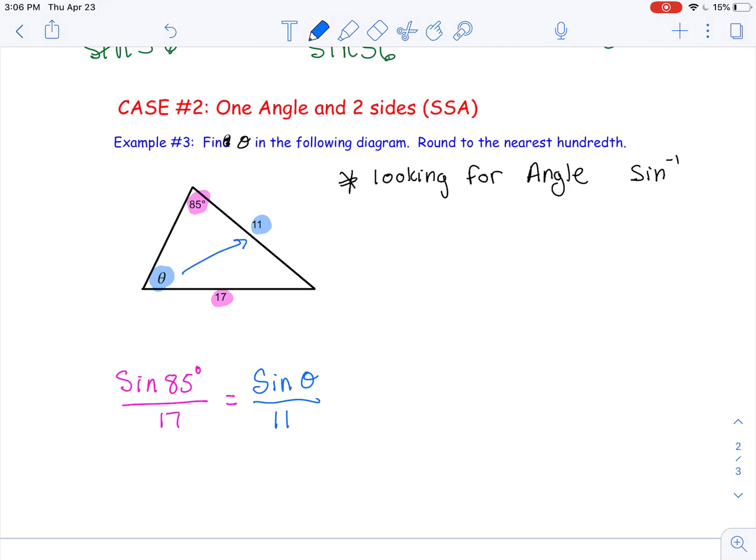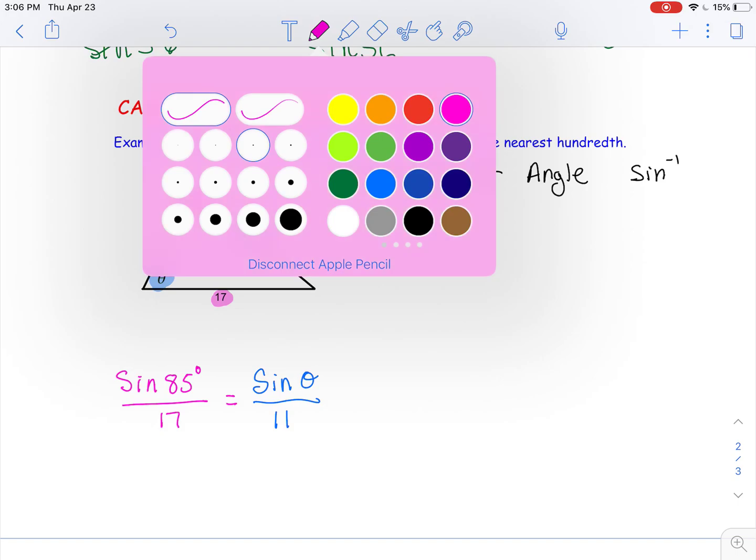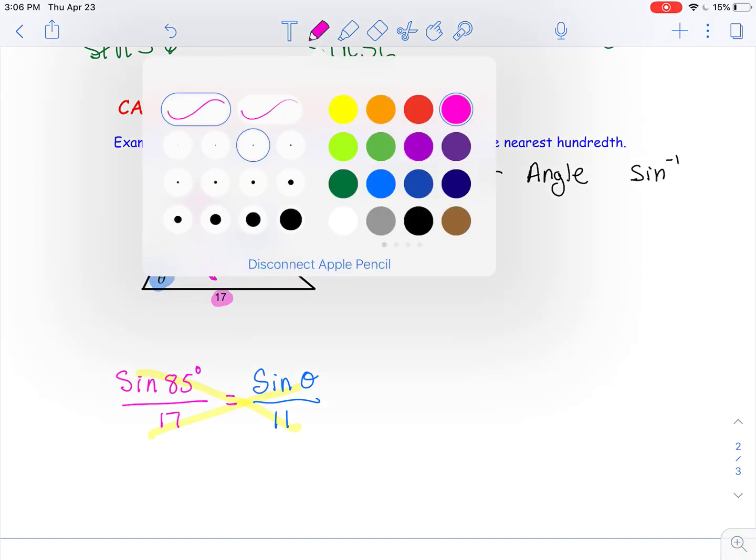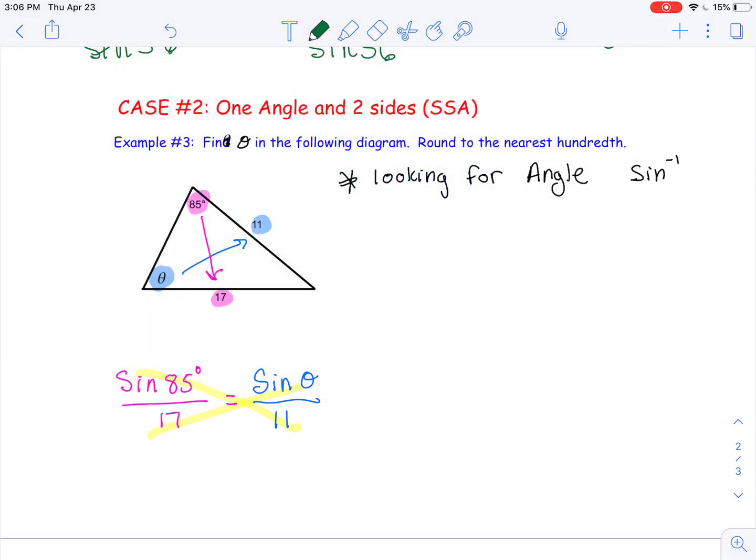So these two go together and these two go together. Once again, I now can cross multiply because I have two ratios equal to each other and I have a proportion. And I'm looking for an angle. So first thing I want to do is get the sine theta by itself.